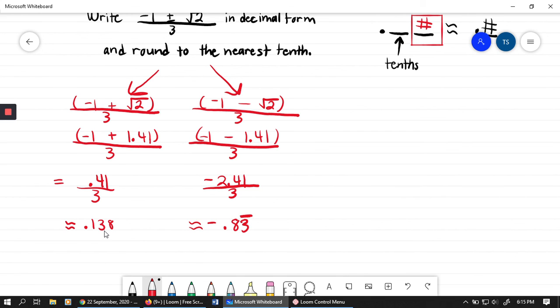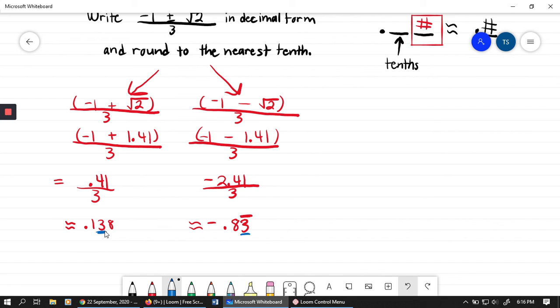Neither one of these numbers is 5 or higher.